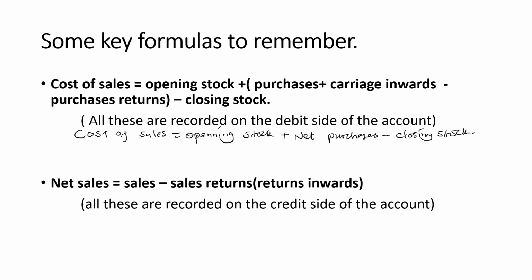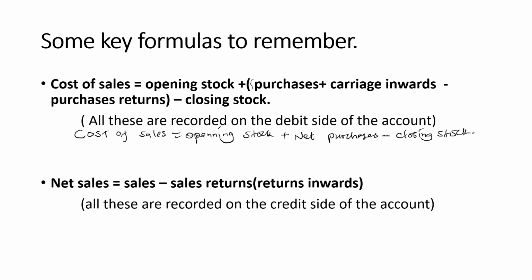Now, this net purchases is what is bracketed here. So if you want to get the net purchases, it is simply the purchases plus the carriage inwards minus purchases returns. You'll have the net purchases.